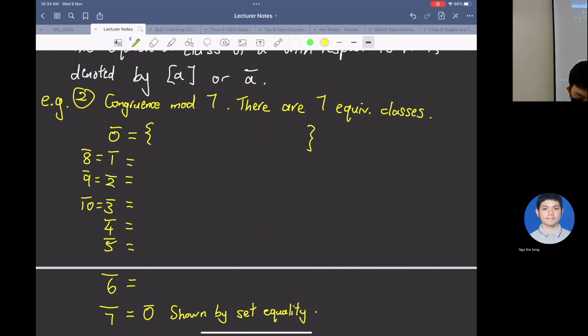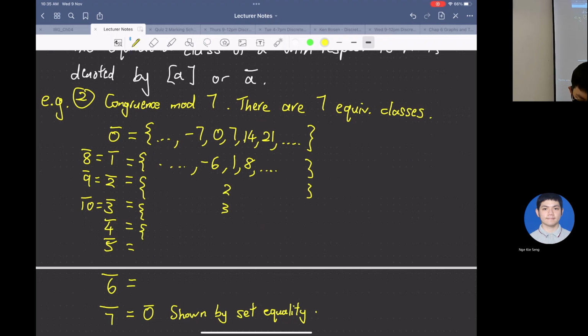All the multiples of 7, sorry. What do you have? 0, 14, and 21, and keep going. And how about 1? You get 1, minus 6, and then 8, and keep going. You can try and fill up this set here.